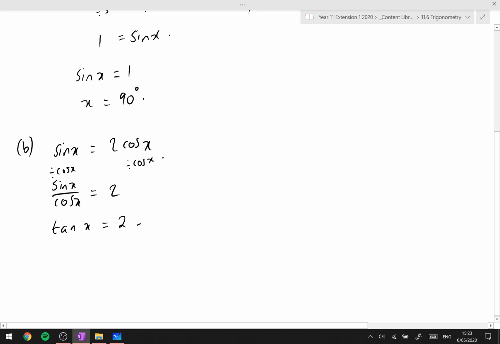Now, what are some things that we know about this? Well, we know that tan x is equal to 2, so tan must be positive, okay? So if I quickly sketch my quadrants, I've got my first, which is all, stations, to central. Now we know tan is positive in the first quadrant and the third quadrant.